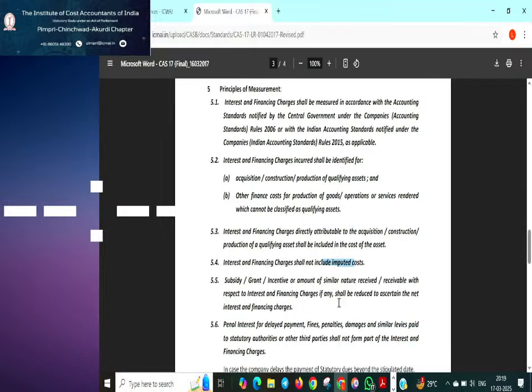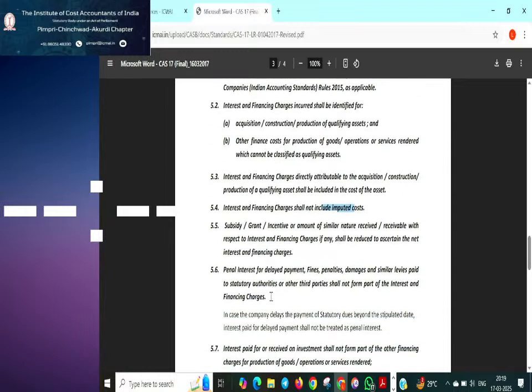Coming to subsidy, grant and all those things, they need to be adjusted or reduced. Penal interest for delayed payment, like fines and penalties that you pay, will not form part of finance cost. Instead, it will be an item of reconciliation, dealing with reconciliation of profits as per costing records with profits as per financial records.